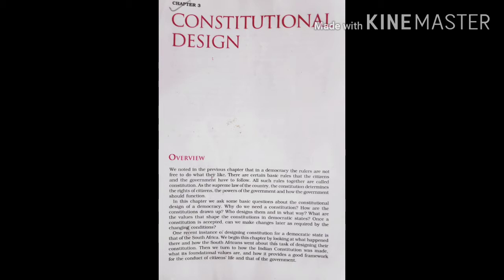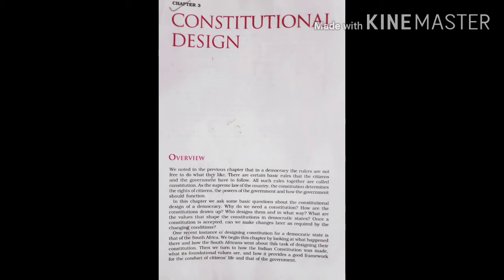I repeat, the constitution determines the rights of citizens, the powers of the government, and how the government should function. The rights, all the fundamental and basic and human rights, the powers of the government, what are the limitations of the government, and how the government should function in a peaceful manner.